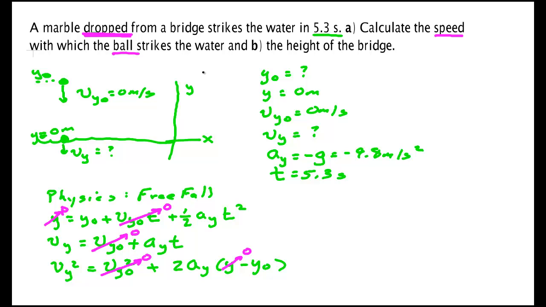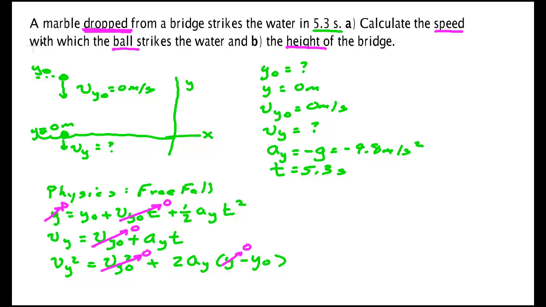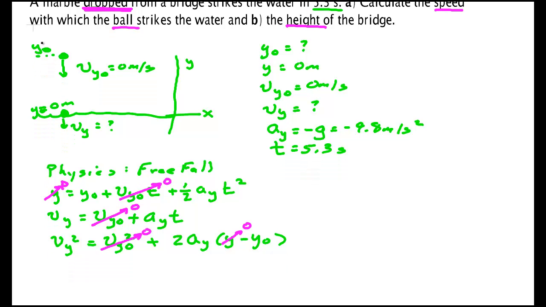But they're saying speed, so they're only wanting the absolute value of Vy. And then in part B, they're asking you for the height of the bridge. Like I've said before, if you've really set it up properly, with nothing but what you've written in your table, you should be able to solve those problems.